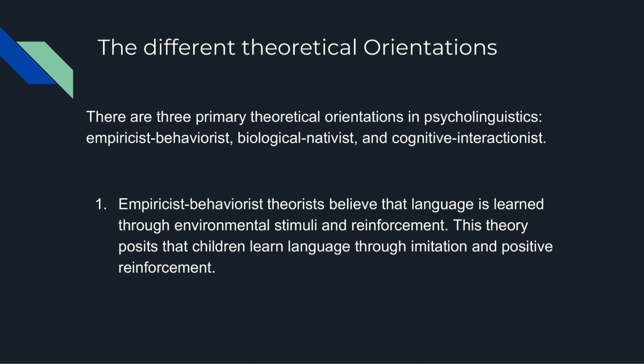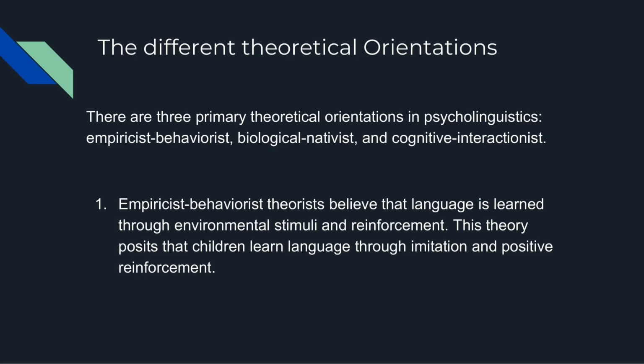There are primarily three main theories which talk about how humans acquire a language. The first one is empiricist behaviorist, the second one is biological nativist, and the third one is cognitive interactionist. So the three main groups are the behaviorist group, the nativist group, and the interactionist group.